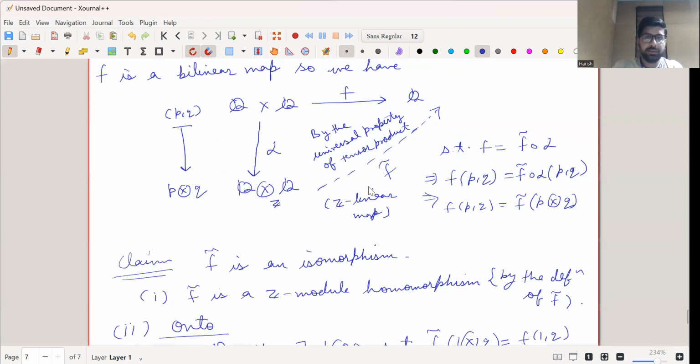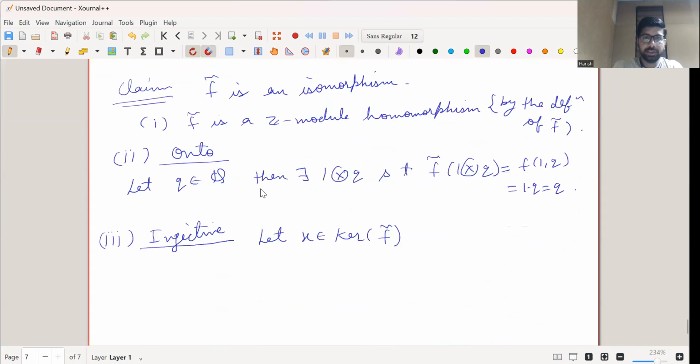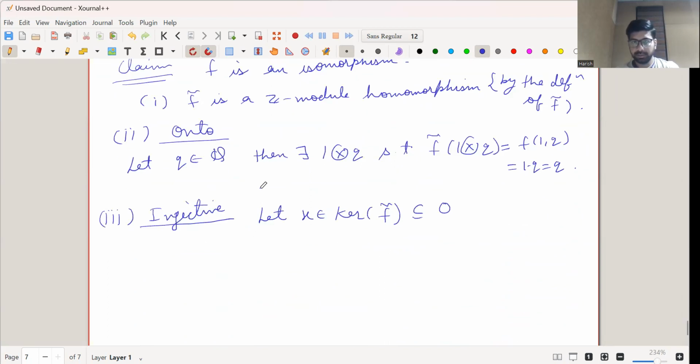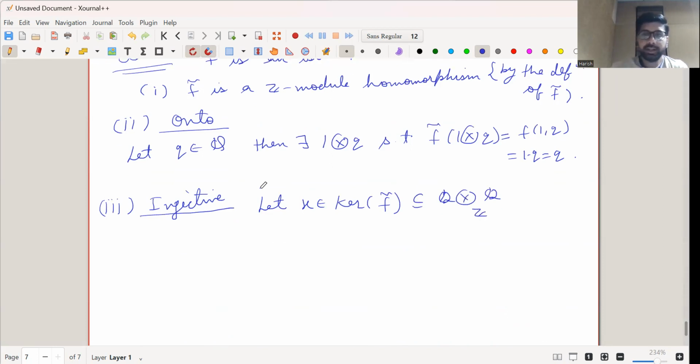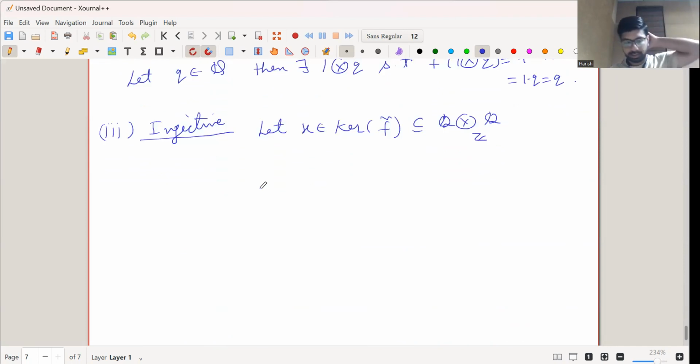So x belongs to the kernel of F delta, and F delta is from Q tensor Q, so the kernel is a subset of Q tensor Q over Z. Q tensor Q is generated by elements of the form p tensor q, such that p and q are both from Q. So x is inside this.